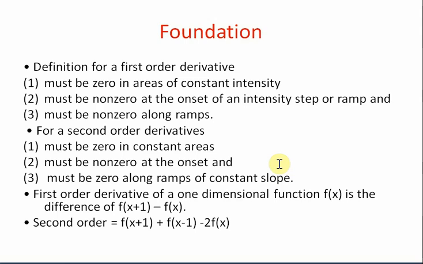So that's the formula to use: the first order derivative of f of x is f of x plus 1 minus f of x. Remember this formula, this is very important. For the second order derivative, d by dx of d by dx of f of x, that means d square f of x by dx square, is nothing but f of x plus 1 plus f of x minus 1 minus 2 f of x, right? So this is for one dimensional.